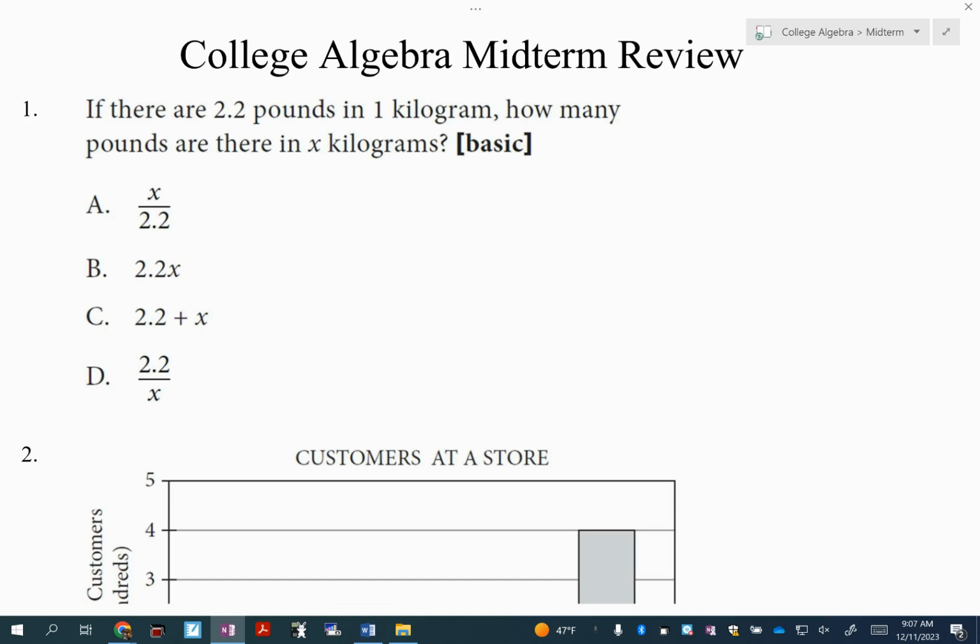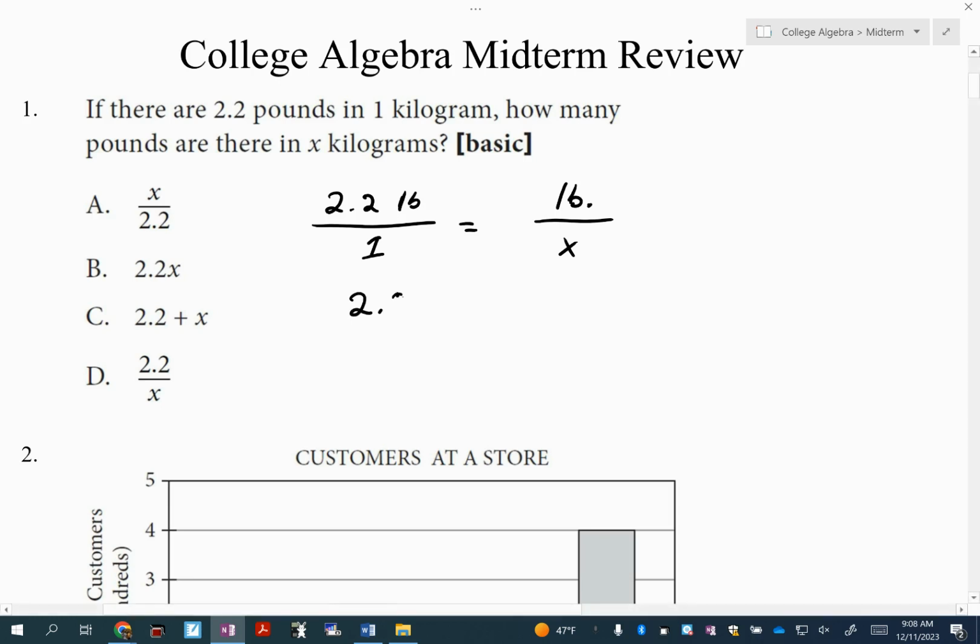Okay, if there are 2.2 pounds in 1 kilogram, how many pounds, I'm trying to find pounds, are there in X kilograms? All right, so the way I'm going to do this is a proportion. I'm going to cross multiply and set those products equal to each other.